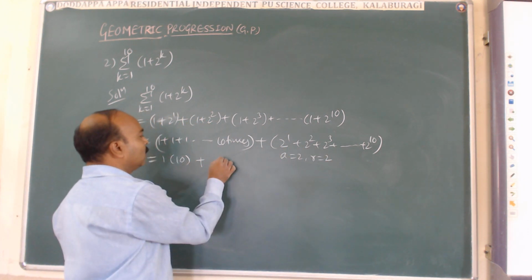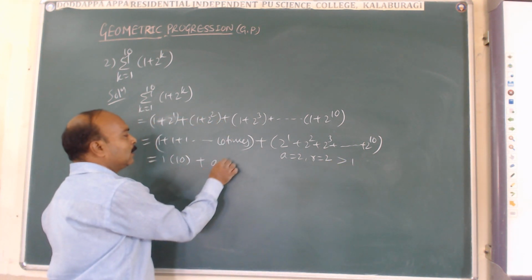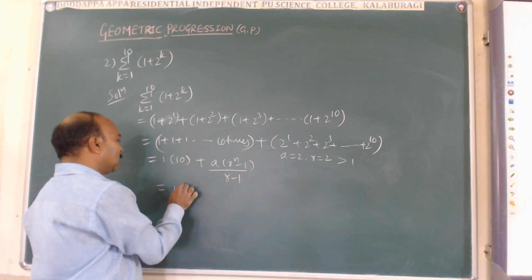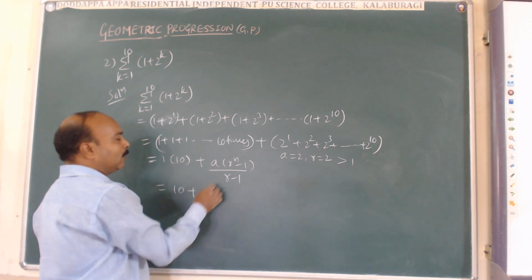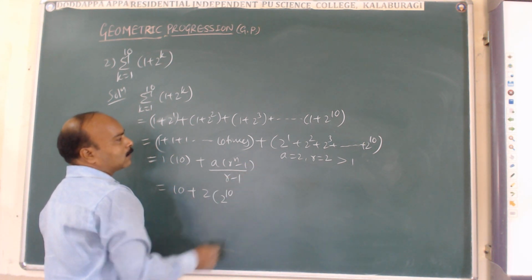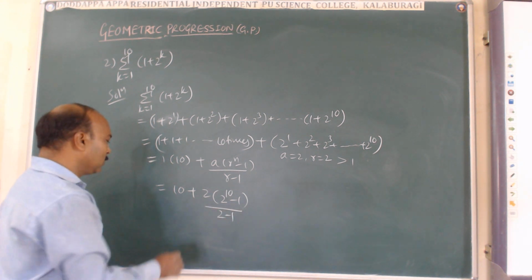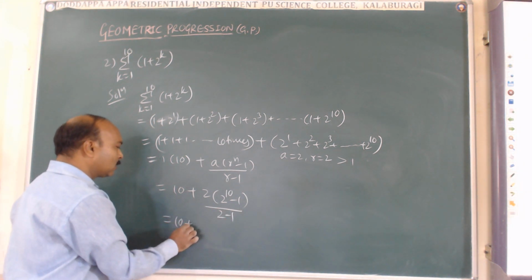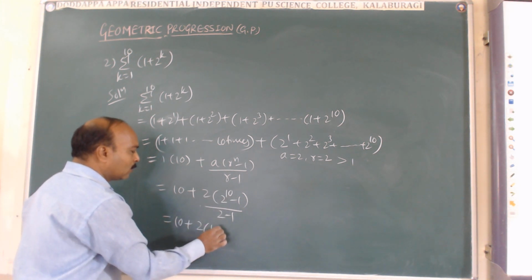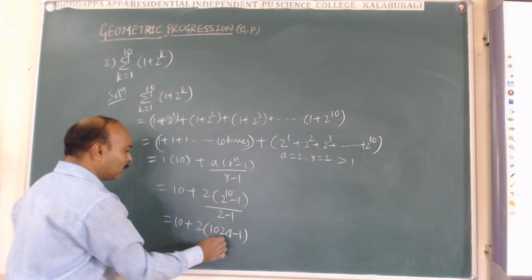Now you can use the same formula again. Since r is greater than 1, it is a(r raised to n minus 1) by (r minus 1). It is 10 plus, a value is 2, it is 2 raised to 10, n value is 10, minus 1, divided by 2 minus 1. Now we get 10 plus 2 into (2 raised to 10, the answer is 1024, minus 1) divided by 1.